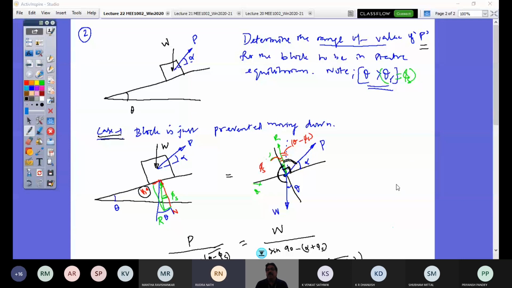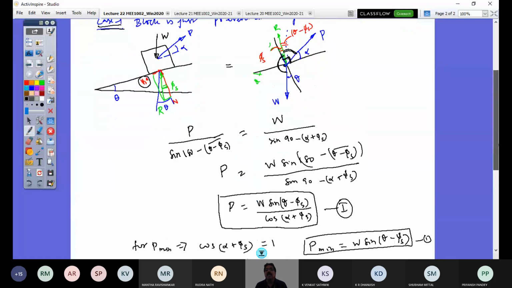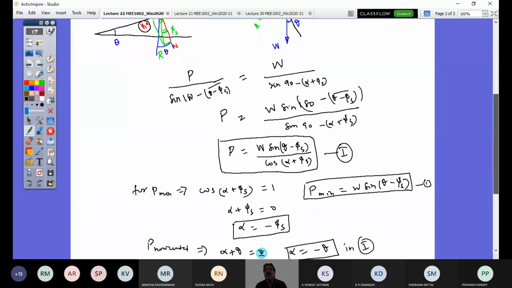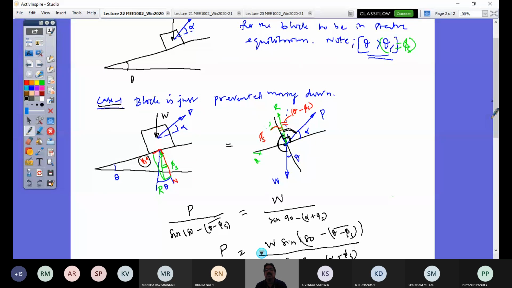Sir, can we also obtain the equations for this problem by using Fx equal to 0, Fy equal to 0? Yeah, obviously you can do it. I purposely did today's problem applying Lami's theorem because we are going to solve wedge friction problems, and you'll see that the application of Lami's theorem is quite easier. You'll avoid a lot of mistakes. I was also interested in explaining this conditional problem, P to be minimum, P to be horizontal, all in one go.